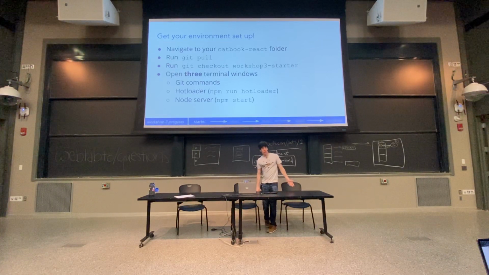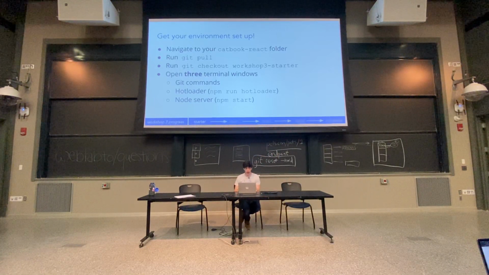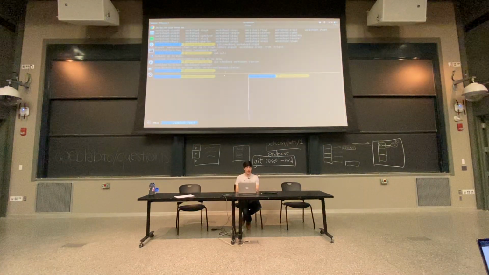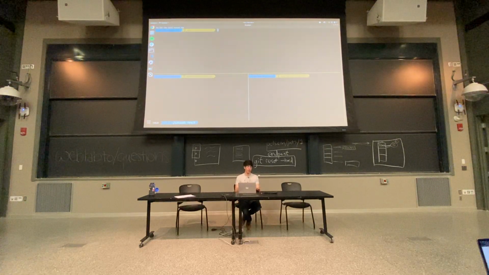So I'm going to show you what this looks like on my own computer. I have my code in one desktop window, and over here I have 3 terminal windows open. Mine might look a little bit fancy because I have all 3 on one screen, but don't worry about that.